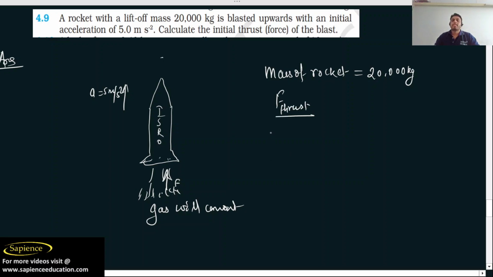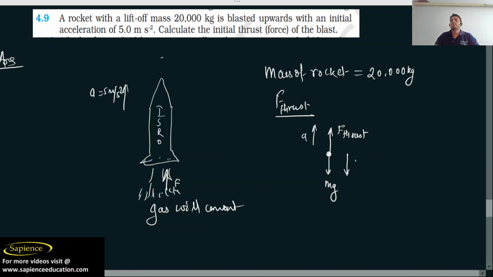Now if I draw the free body diagram, which forces are acting here? First of all, the weight mg is acting downward. Gas is applying a thrust force, F thrust. As acceleration is upward, there will be a pseudo force, mass into acceleration, as per the free body diagram concept.